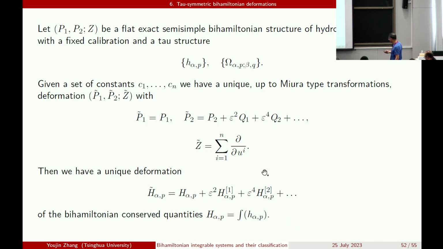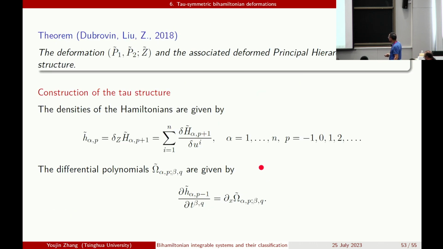Then we can choose the density of the Hamiltonians by using the unit vector field. We take the variational derivative of the original Hamiltonians with respect to the unit vector field. Then we obtain the densities, which are good for us to define these tau functions, which satisfy the tau symmetry conditions.